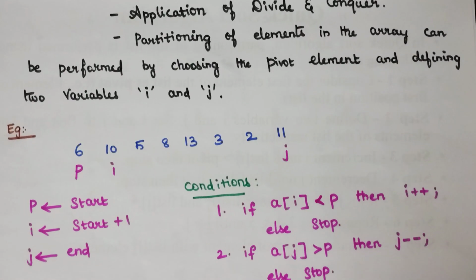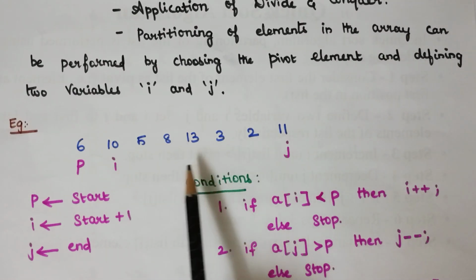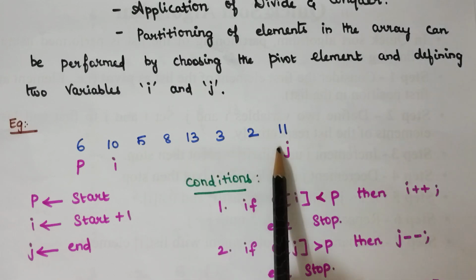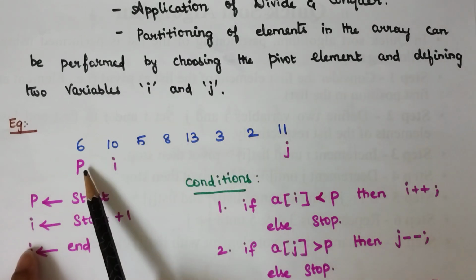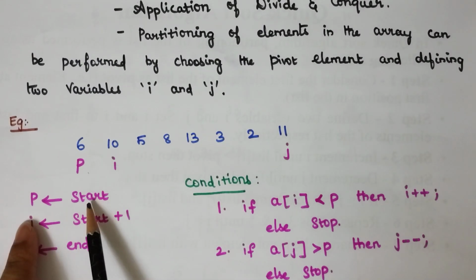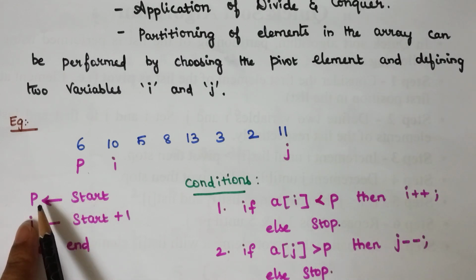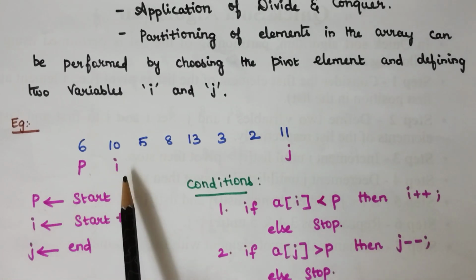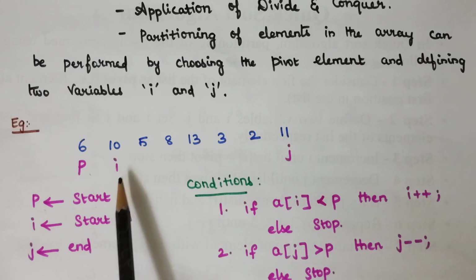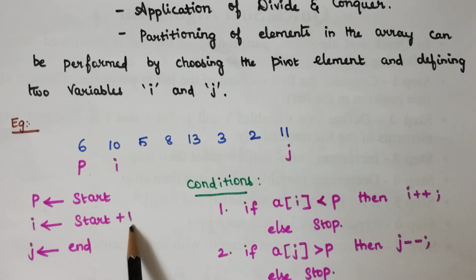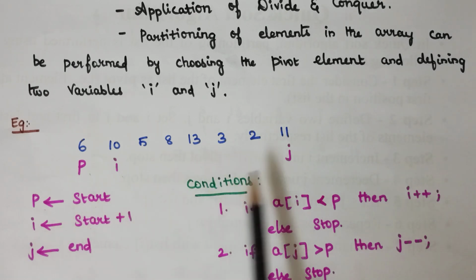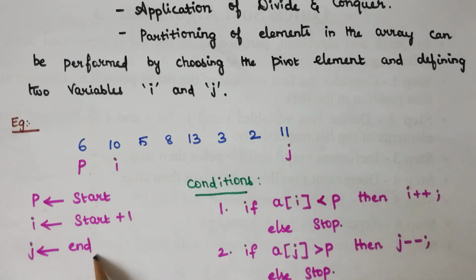This is the example I have taken, where we have an unsorted list of values. Coming to the pivot element, I'm taking the starting element as the pivot element. Coming to the variable i, I'm assigning start plus 1 as the ith element, and j is the end element.